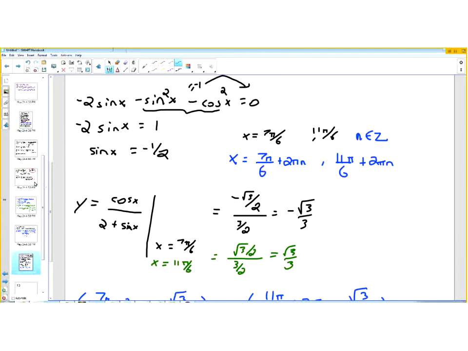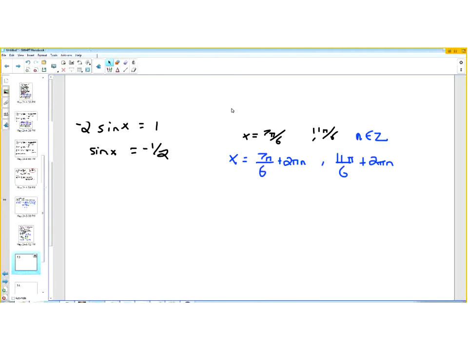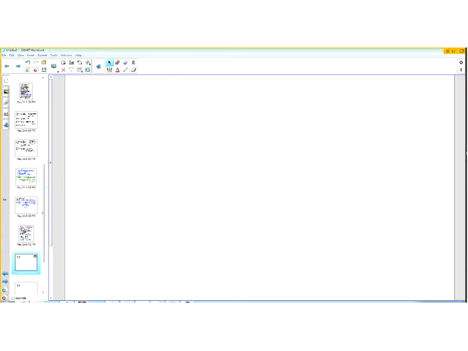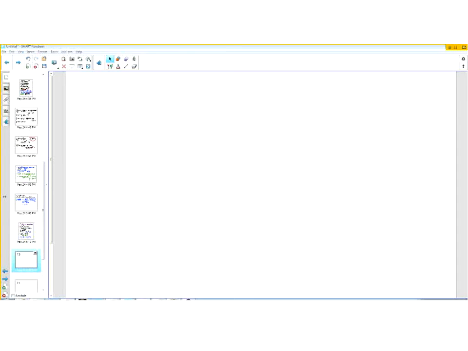All right, so let's do a couple more for this section. Maybe I can just copy and paste them. Let's try doing a couple of problems here. I'll just paste them into the whiteboard here.